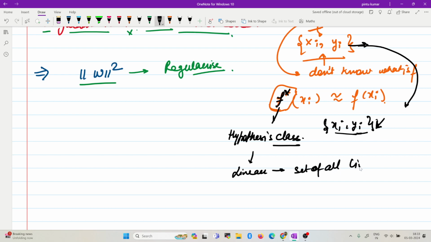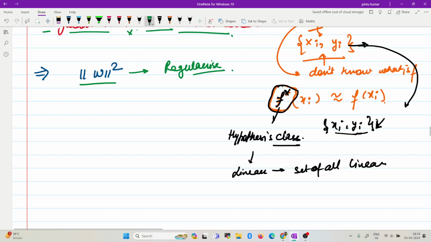When you go to deep learning, your hypothesis class increases and becomes the set of all non-linear functions. We learned in the universal approximation theorem that this f star can approximate any smooth continuous function. So we can search over a very large set of functions.